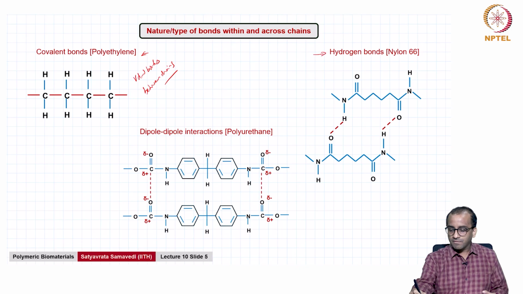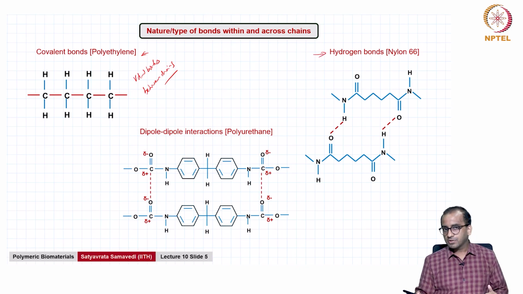You also have hydrogen bonds in the polymer like nylon 6, which we saw is used quite a bit in sutures. Now, these extensive hydrogen bonds can contribute to exceptionally good mechanical properties, which make it suitable for use as sutures.